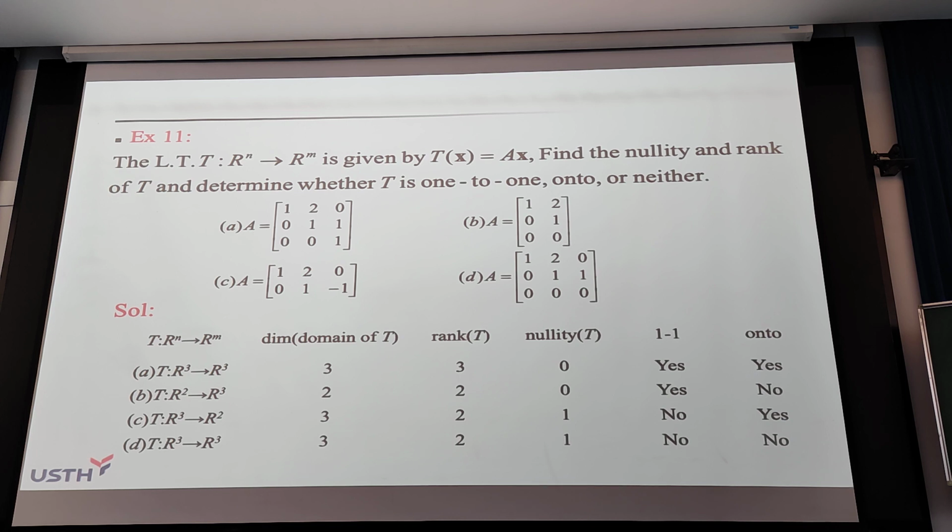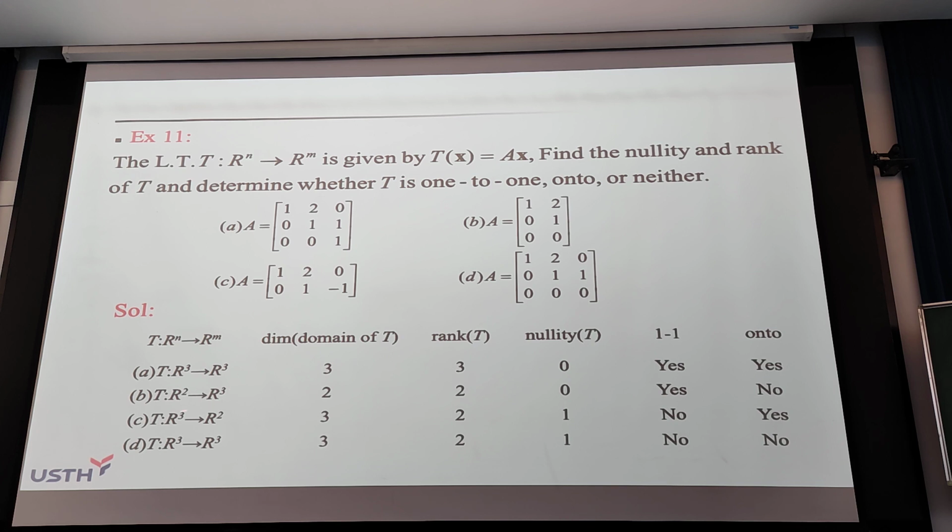The first one, look at the matrix A in A, B, C, D here. We find that the mapping T will be going from Rn into Rm. Now we write it. The first one goes from R3 into R3. The second one will go from R2 into R3.